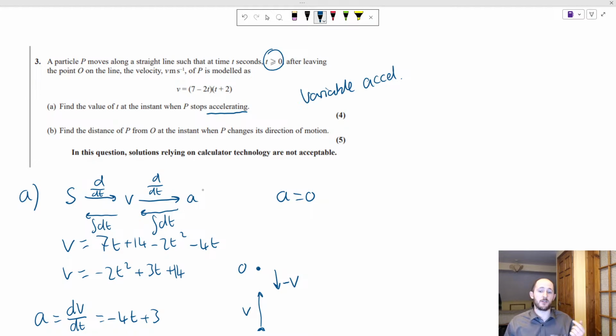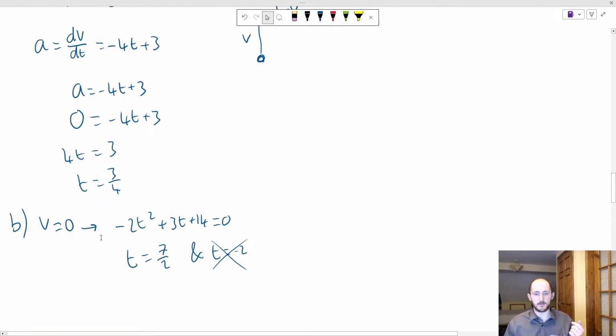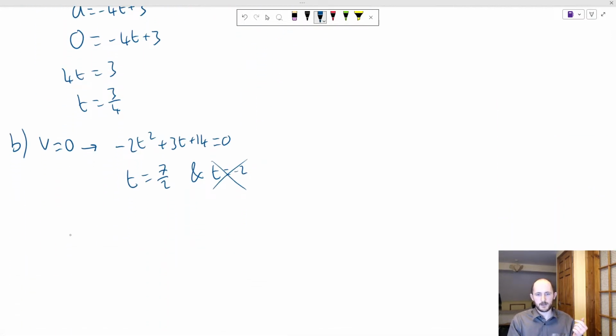So we need to integrate velocity with respect to time. So, V is equal to negative 2t squared plus 3t plus 14. S is going to equal the integral of negative 2t squared plus 3t plus 14 with respect to time.